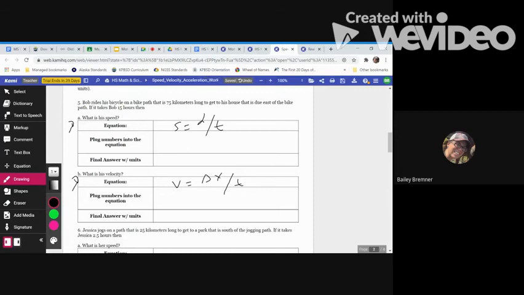It's a really good habit to write down your equations. Then you'll plug in your numbers. It should be very similar numbers. The main difference you should notice between speed and velocity is that for velocity, you'll want to include the direction in your answer.